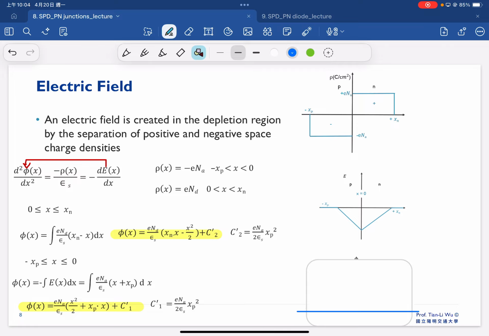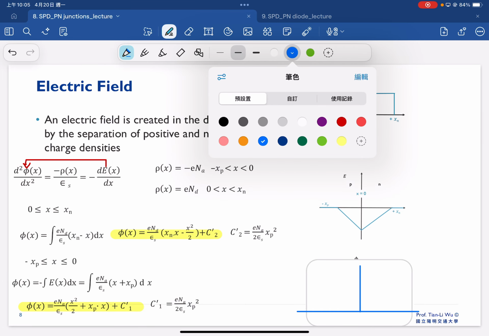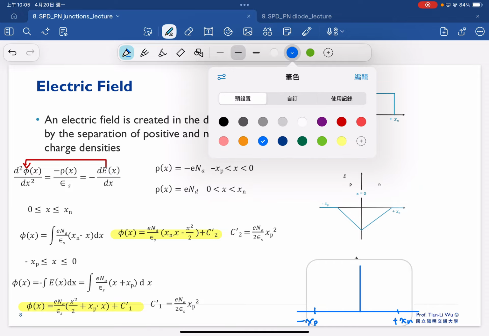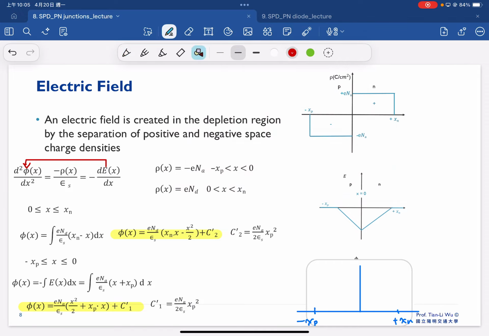So finally we have this potential distribution, the built-in potential between minus xp and positive xn, where it is first 0, then the potential starts to build up and becomes constant here.